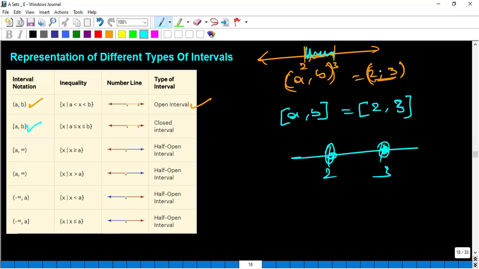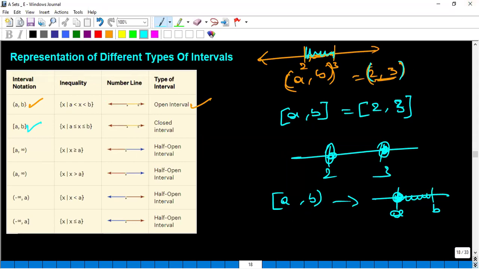But in the open case, these two are not included. Okay, half open: one side closed, one side open. Like this also you can take. What is the meaning? a is included, but b is not included.